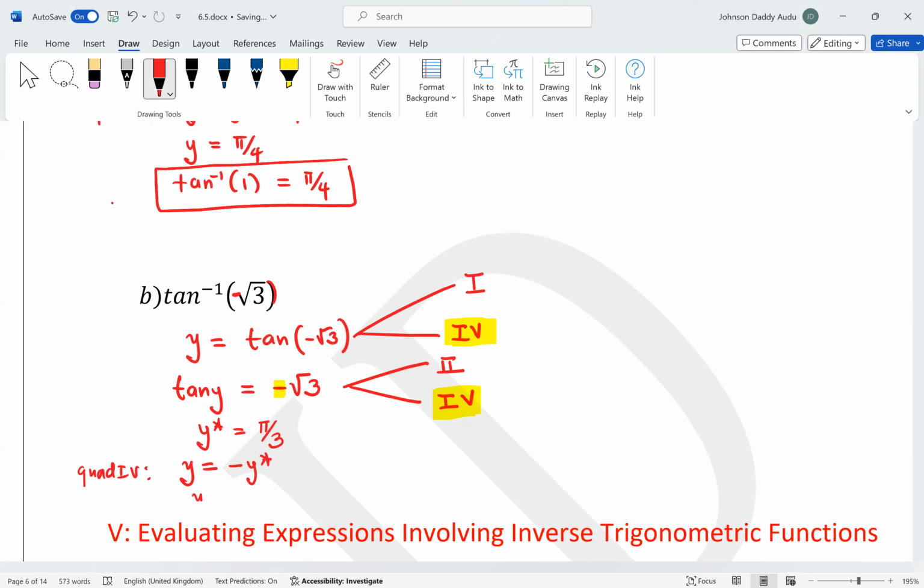So it means that our y is equal to minus pi over 3. And this means that y, which is tan inverse of -√3, is just the same thing as minus this.